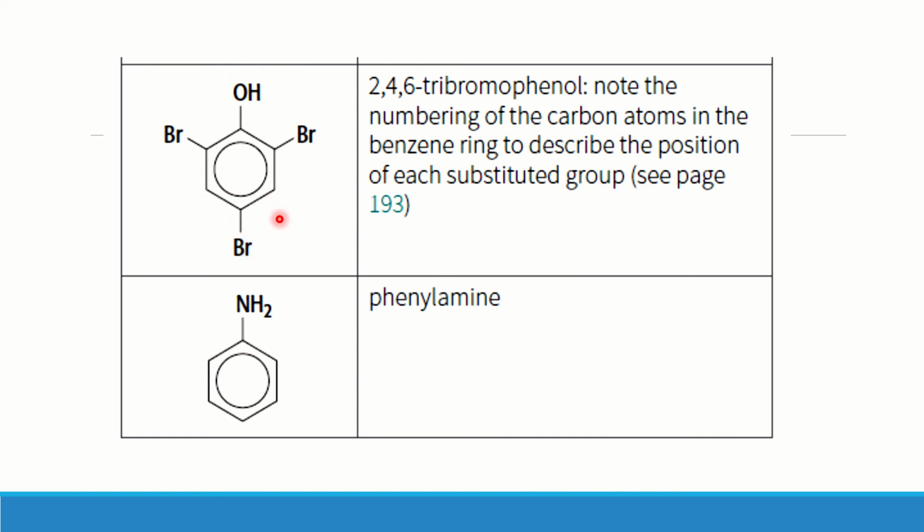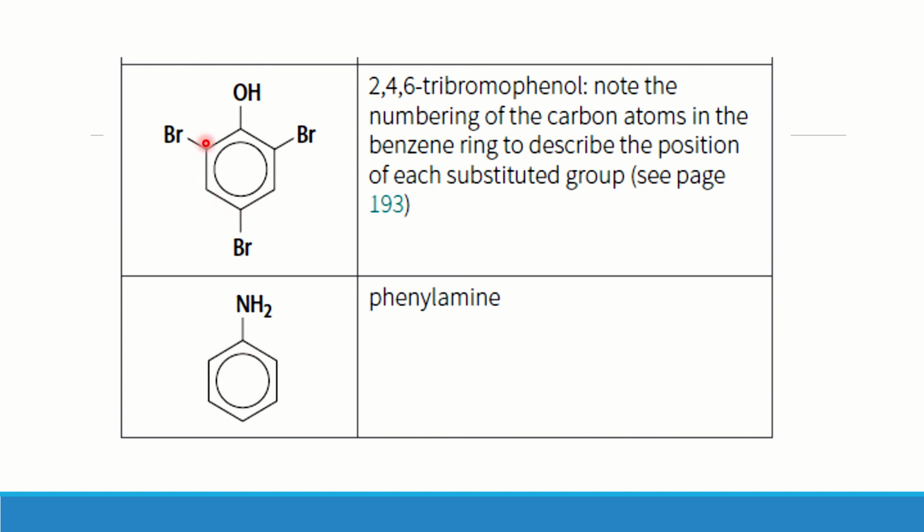So you already know phenol is the parent's name. Therefore, the OH here is on the first carbon. You count this as the first carbon. Next one, this will be carbon number 2, 3, 4, 5, and 6.